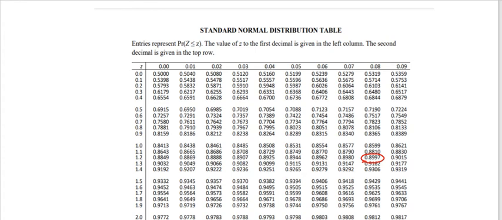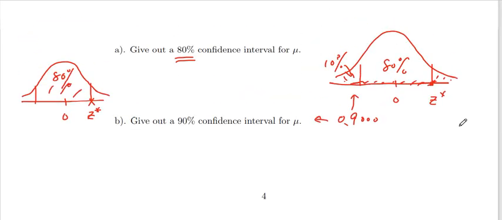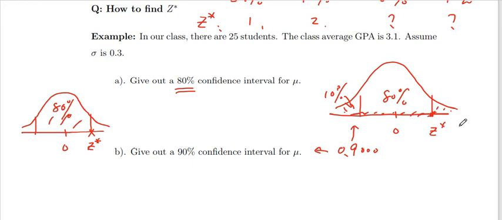This is close to .9000. So corresponding to this probability, we find this cutoff point is 1.28, right? So this is our Z star. So here this Z star equals 1.28.